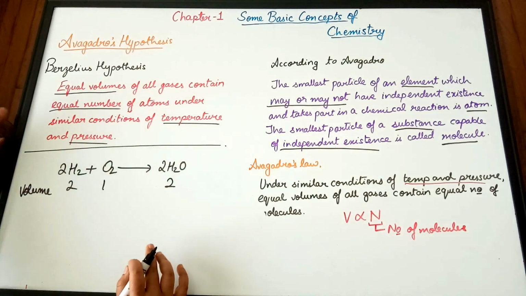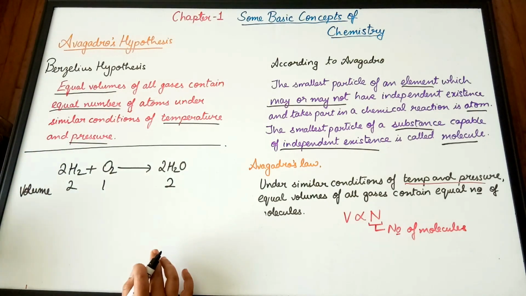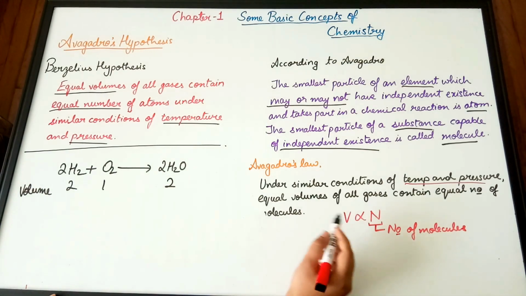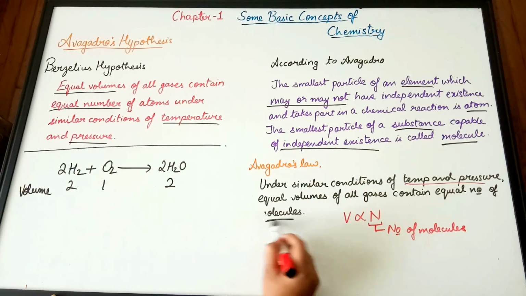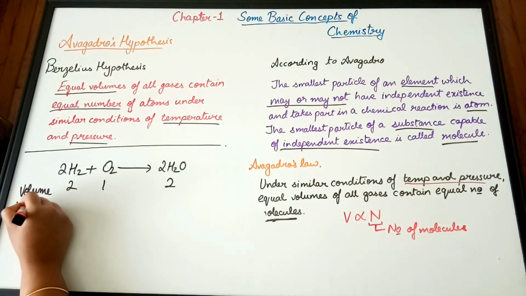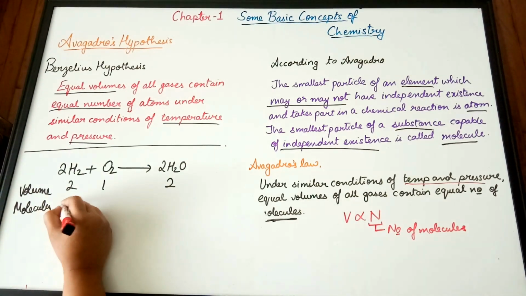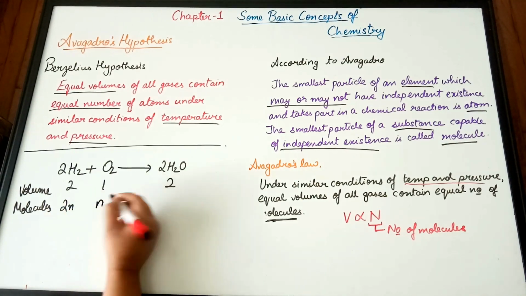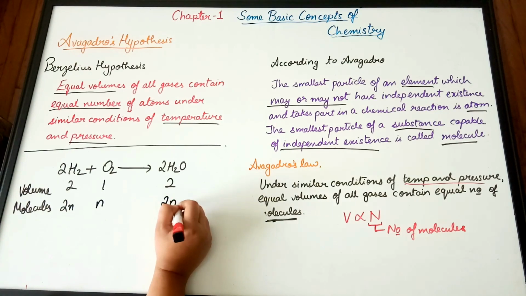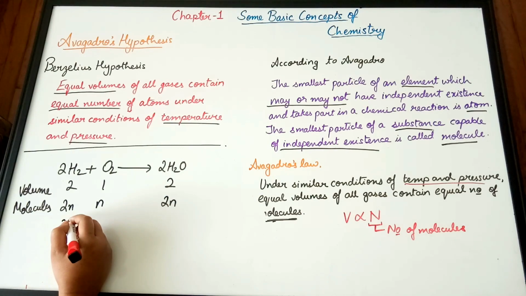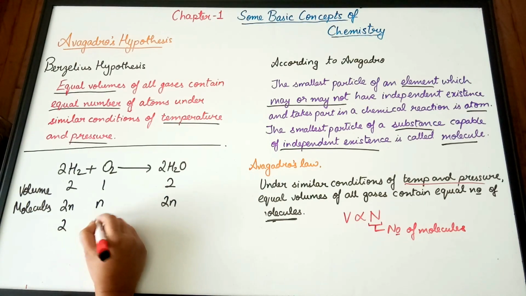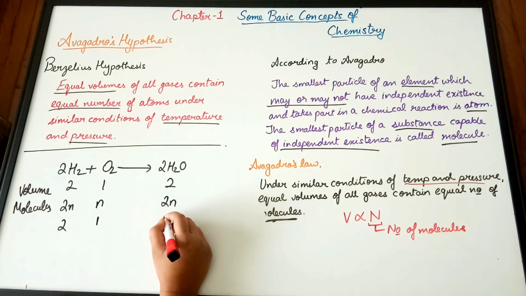Now, according to the Berzelius hypothesis, we would have spoken in terms of atoms, but that's not the case. According to Avogadro's law, we will be talking with respect to number of molecules. The number of molecules is proportional to the volume, which means 2n molecules for hydrogen, n for oxygen and 2n for water.